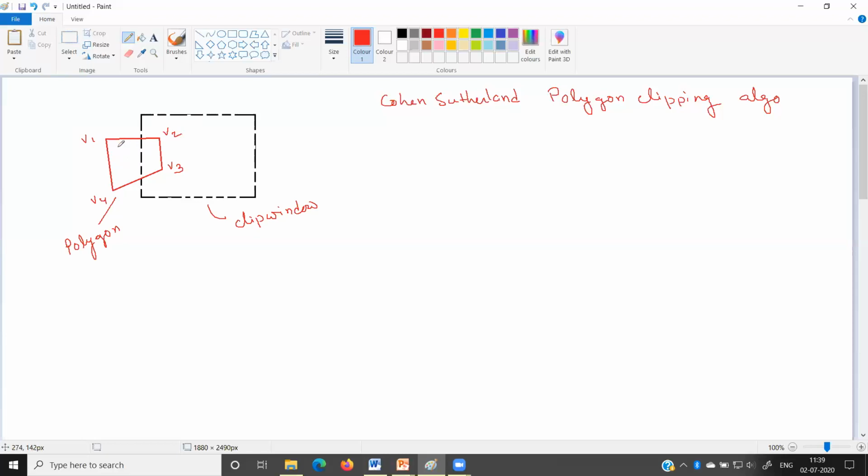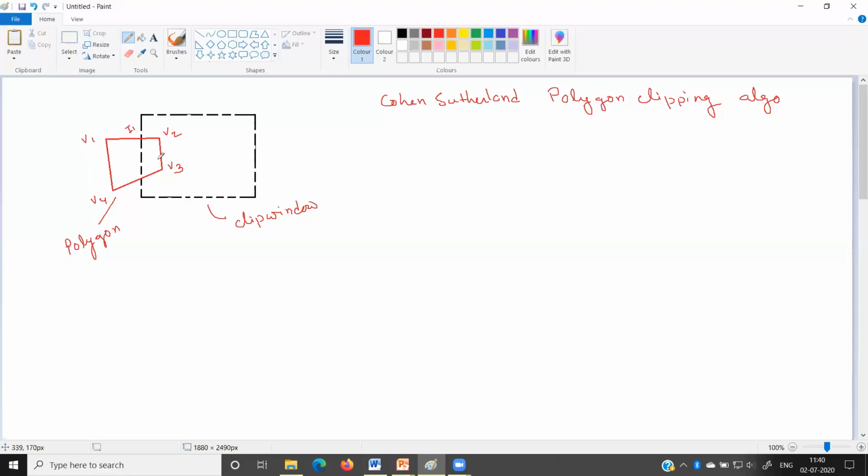And after finding the vertices, with the help of the line clipping algorithm, you will also be able to find out the intersection points of the lines with respect to the clip window. You can see the line segment V1, V2 is intersected by the clip window, and let us say the intersection point is I1.